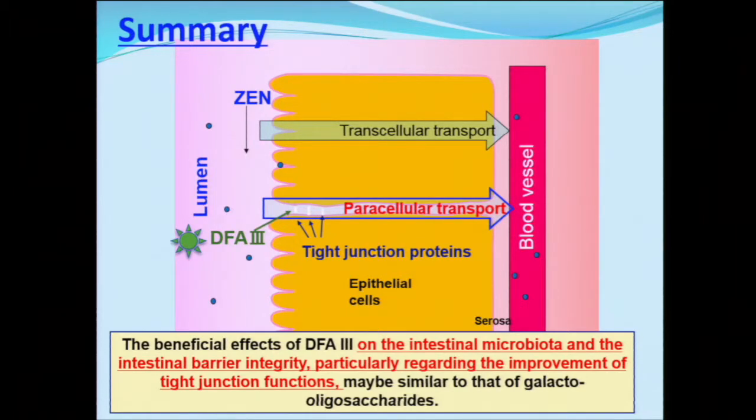Based on the present results, we assume that the direct effect of DFA III on intestinal barrier integrity, particularly on the tight junctions, may be similar to galacto-oligosaccharides as previously reported, thereby reducing mycotoxin absorption and preventing an intestinal inflammation reaction as described for many mycotoxins.